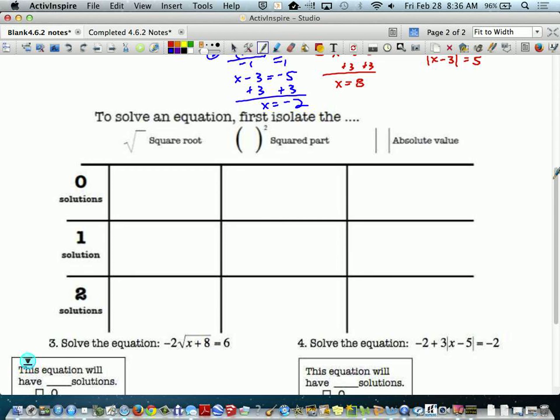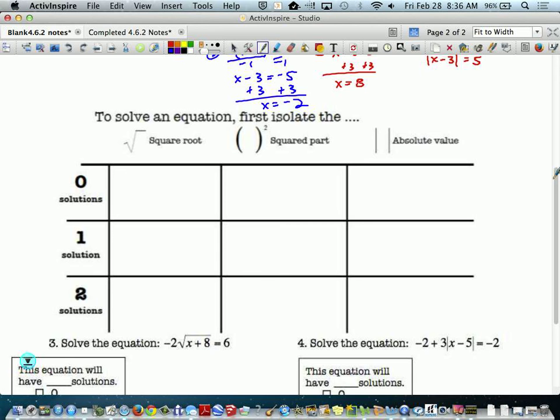Zero solutions, 1 solution, 2 solutions: when you're dealing with a square root, a squared part of the equation, or an absolute value. The table is supposed to help you figure out when you're gonna have 0, 1, or 2.